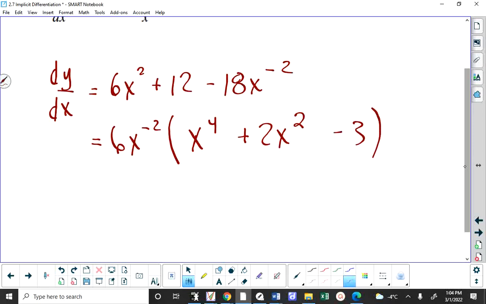Just think about that. This goes back to day 1 when we talked about adding exponents: we add the factored-out exponent to the exponents we have left. So x to the negative 2 times x to the 4 will be x to the positive 2. X to the negative 2 times x to the 2 will be x to the 0. X to the negative 2 times x to the 0 will be x to the negative 2.